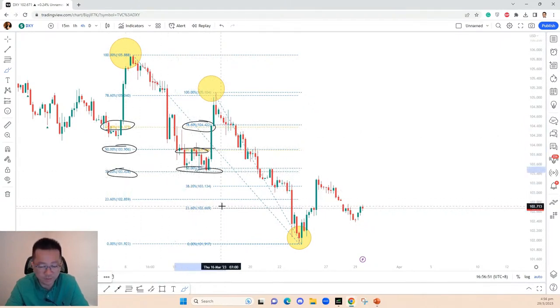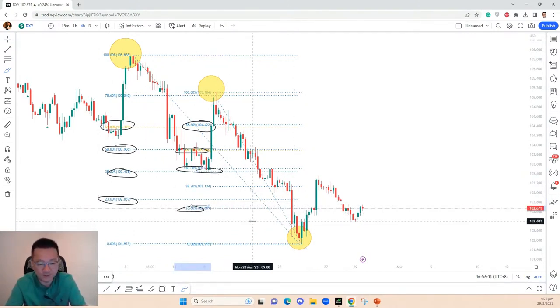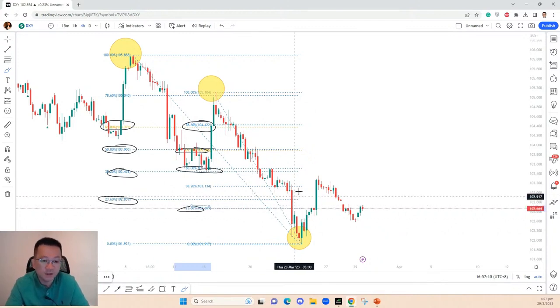This one's a bit far apart, but here we do have an area that coincides. So drawing these levels has some subjectivity to it.